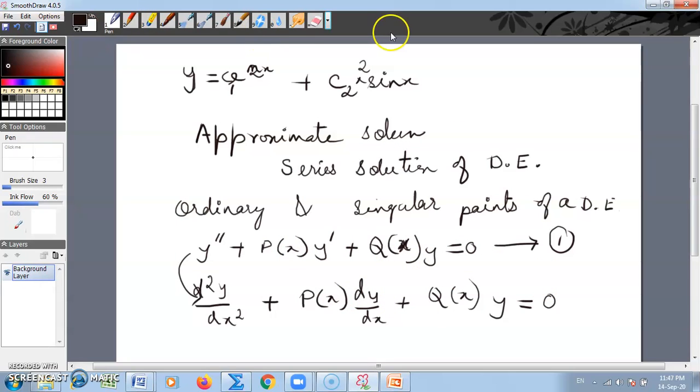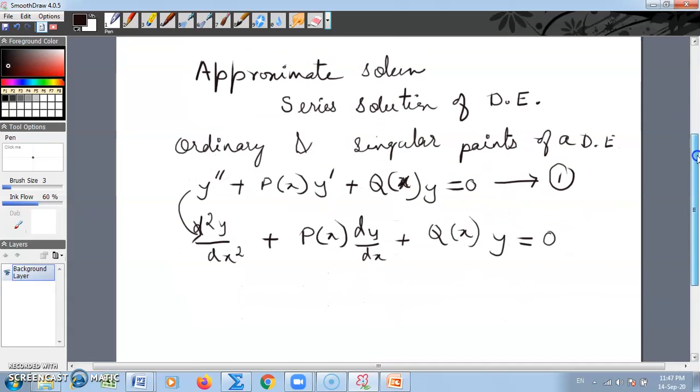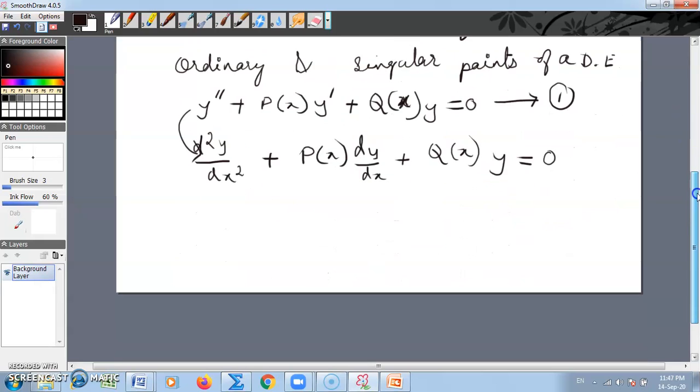I'll try to define what are singular and ordinary points. Now, x is a variable here and x naught is a particular value taken by x, maybe 2 or 1 or 0.